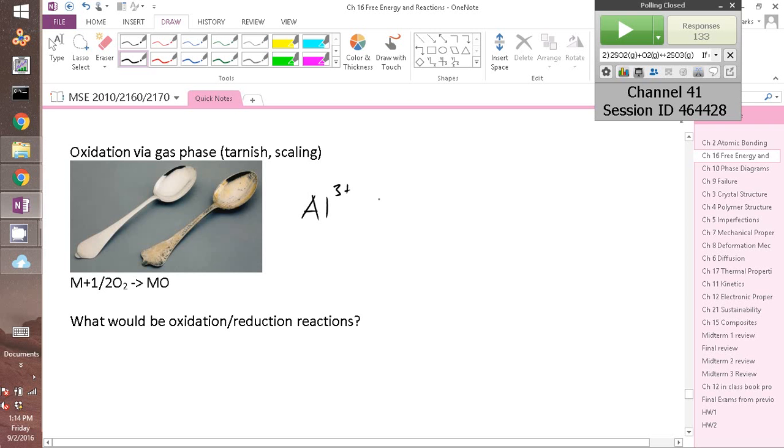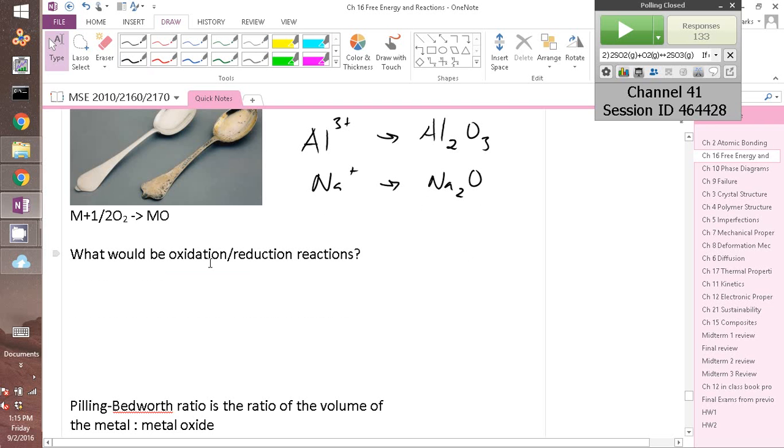Yep, Al2O3, right? So whatever your oxidation state of your metal is, you can guess what the formula would be. If it's sodium, what will sodium form? Well, it's sodium plus. It's going to be Na2O, right? Okay?